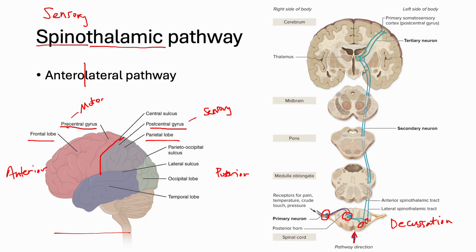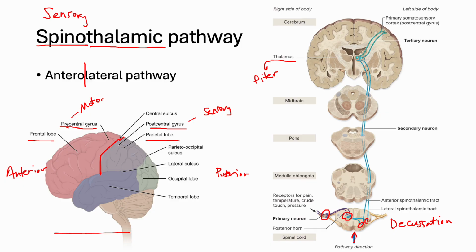So this secondary neuron, the cell body is in the posterior gray horn, but the axon is going to extend all the way up to the thalamus. It's going to synapse there in the thalamus. Now, the thalamus, remember, is our filter. This is going to filter and determine where this information needs to go in the cerebral cortex.